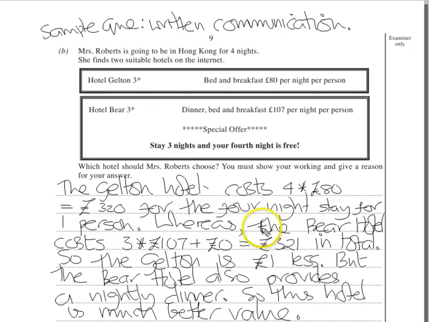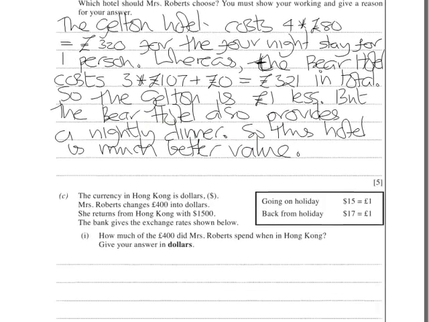Whereas, comma, and that should be a lowercase t there, I hope that's legible. The Bear Hotel costs 3 times £107, which is £321, plus nothing on the 4th night. £321 in total. So the Galton Hotel is £1 less. But the Bear Hotel also provides a nightly dinner. So this hotel is much better value. I think that's okay. Hopefully that's alright.